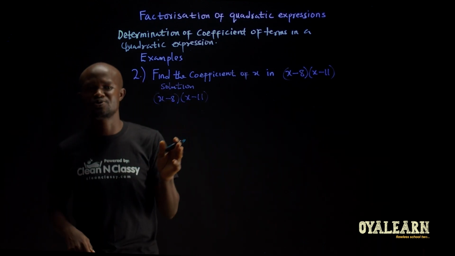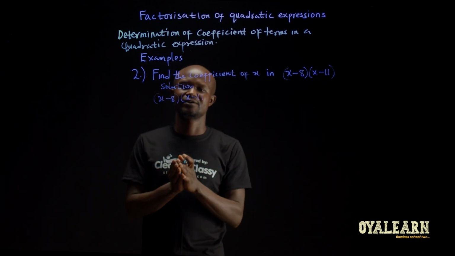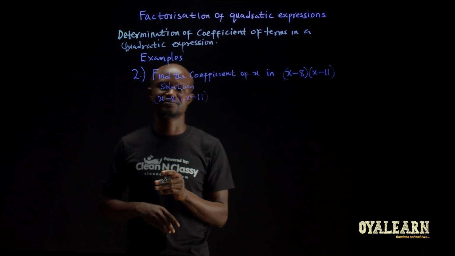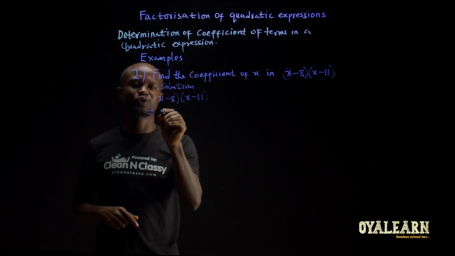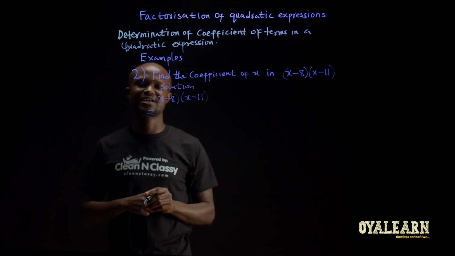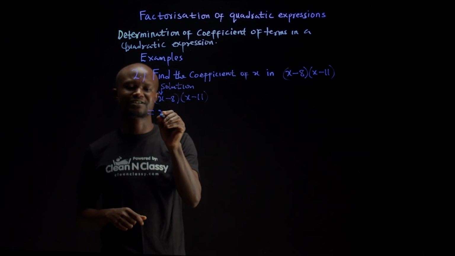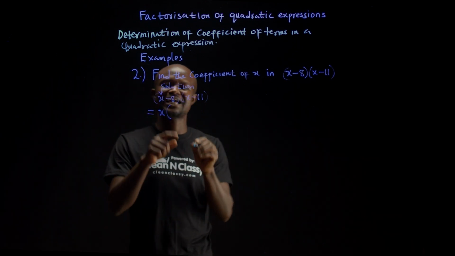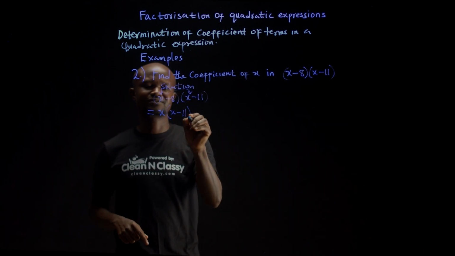Now the first thing to do is for us to expand these algebraic products. So to expand this, what do we do? We take the first term in the first binomial expression, which is x, and use it to multiply everything here, x minus 11.